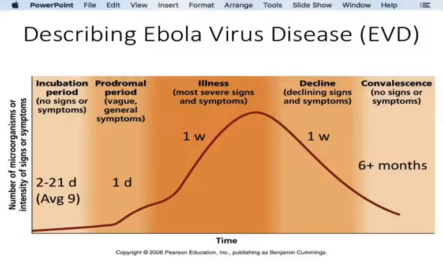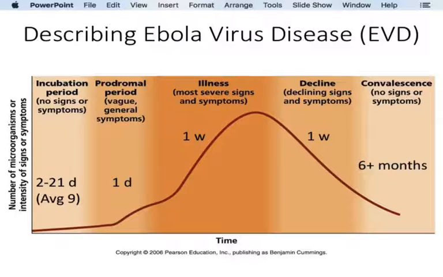So the incubation period is a period of no signs or symptoms. An individual at this point usually is not infectious because the amount of virus is too low to allow for the spread of the infection from one person to the next. Average number of days was about 9. But you could observe signs and symptoms of illness as early as 2 days. 21 was the maximum.